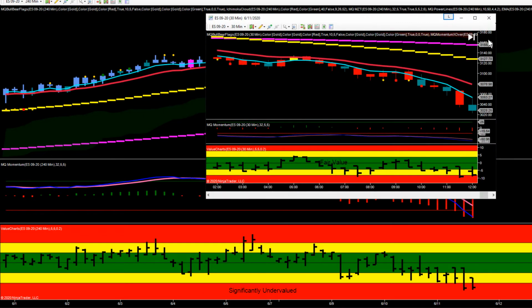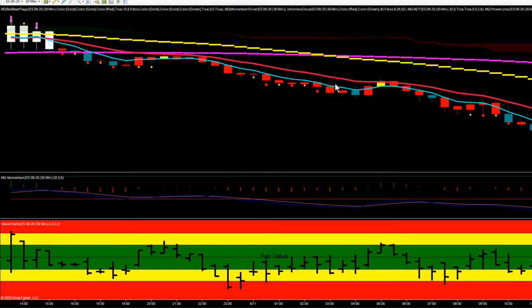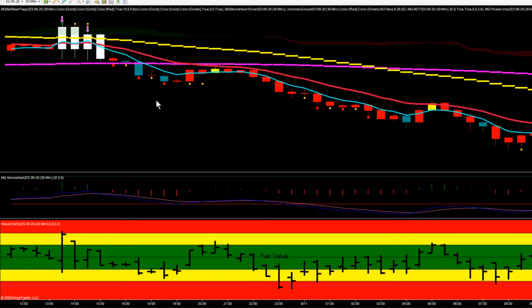But then we drill into our 30-minute chart, and right in here, this is where that 240-minute bear flag was actually triggering. Once we broke the low of this bar, that actually triggered the 240-minute bear flag. Now again, this was yesterday, actually after hours trading.